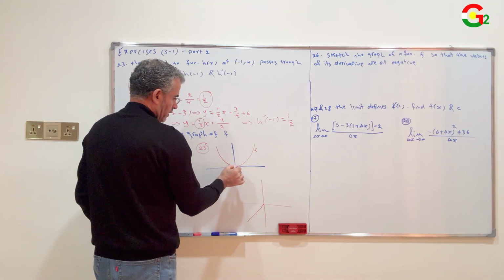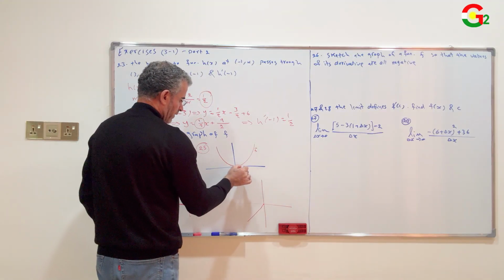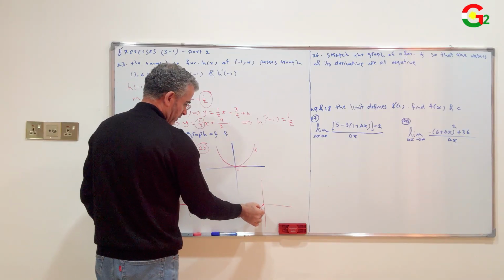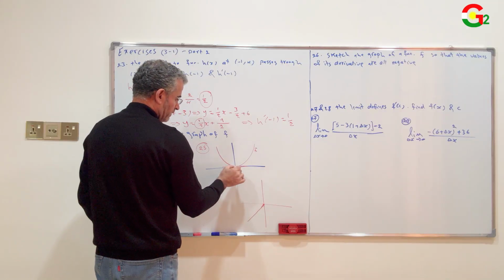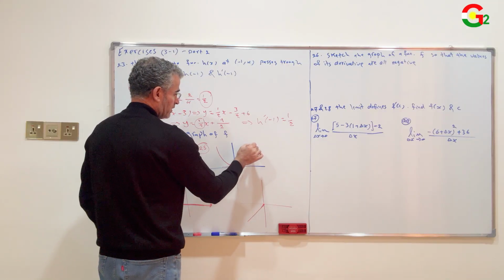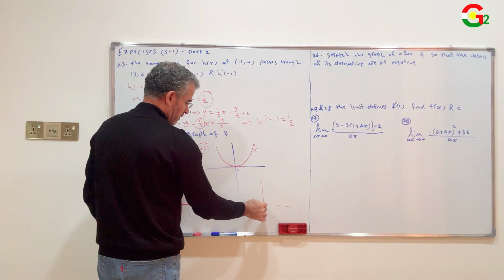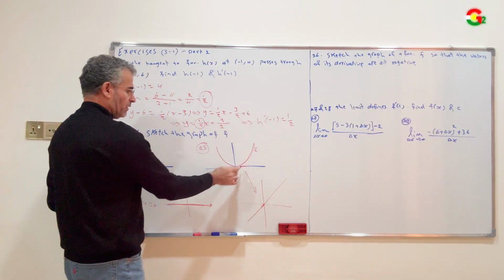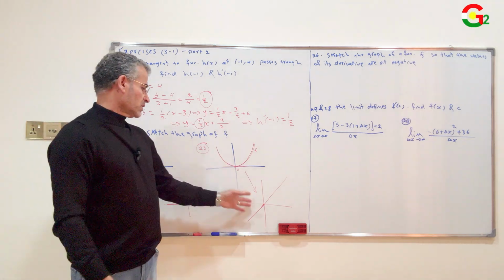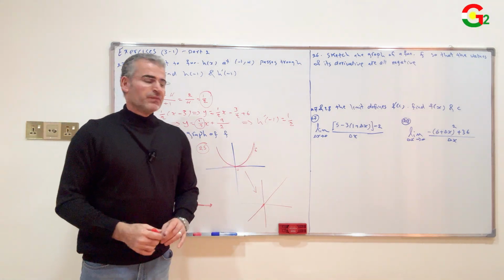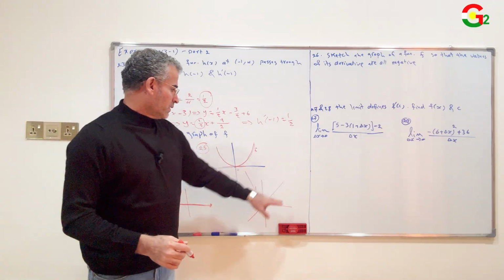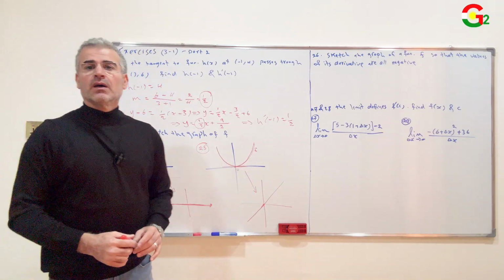Since at 0 the function has a horizontal tangent line, the derivative should intersect the x-axis at the point 0. From 0 to positive infinity, the function is increasing, so the graph should be over the x-axis. Therefore, the derivative graph is a straight line, looks like this, with positive slope.